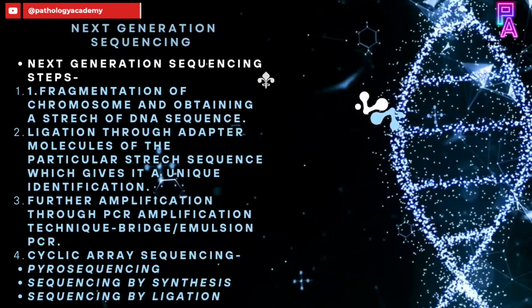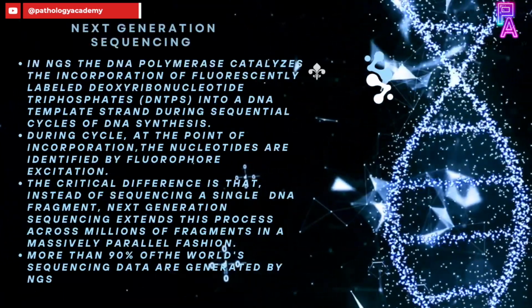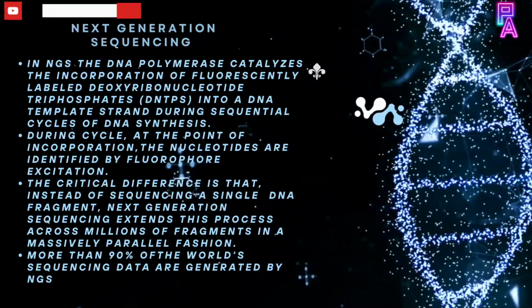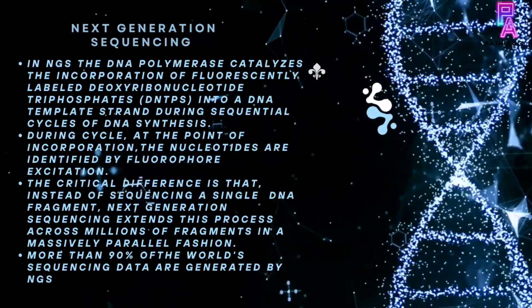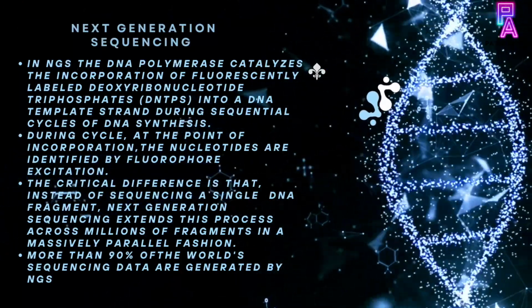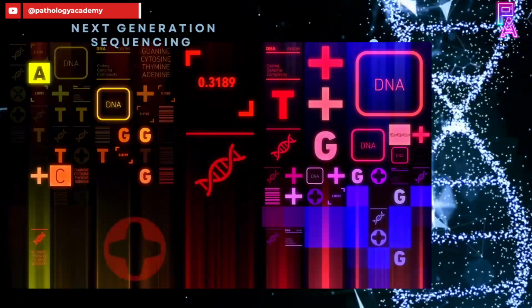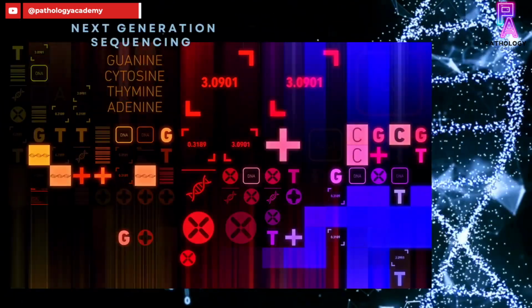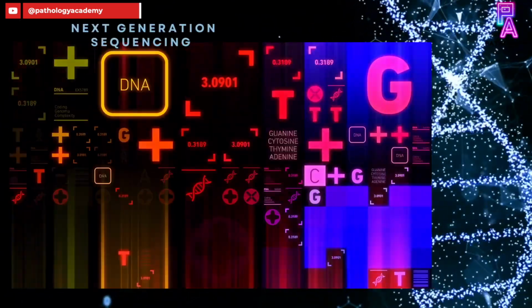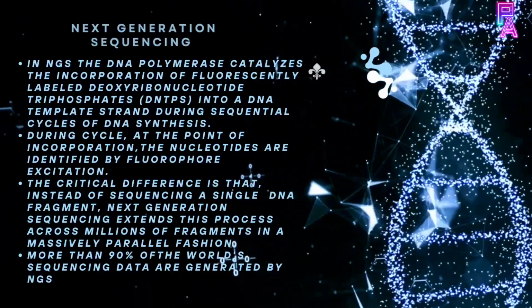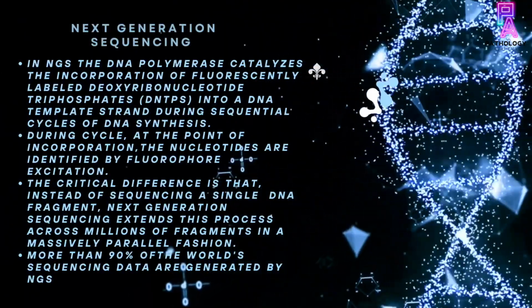Thus, in next generation sequencing, the DNA polymerase catalyzes the incorporation of fluorescently labeled deoxyribonucleotide triphosphates into a DNA template strand during sequential cycles of DNA synthesis. During the cycle, at the point of incorporation, the nucleotides are identified by fluorophore excitation.